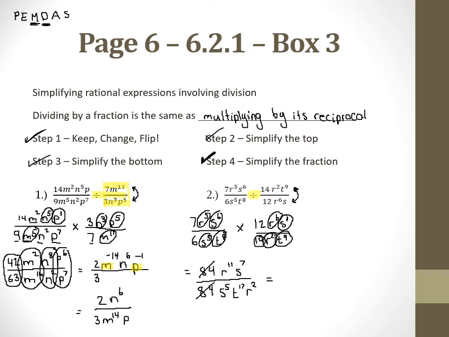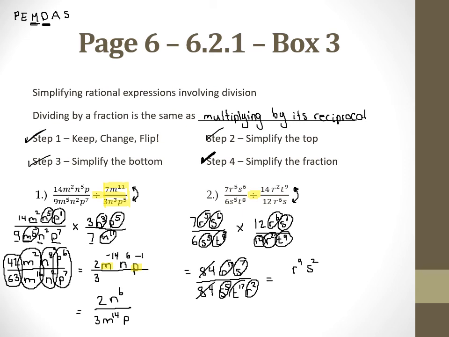Then in terms of the variables, I see r to the 11th divided by r to the 2nd. 11 minus 2 leaves me with r to the 9th power. S's, I have s to the 7th divided by s to the 5th. 7 minus 5 leaves me with s to the power of 2.